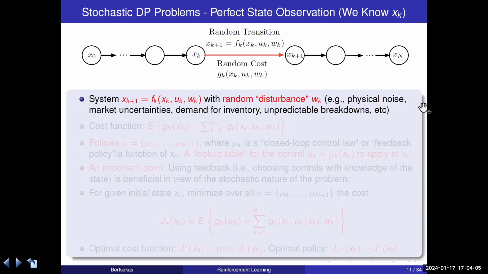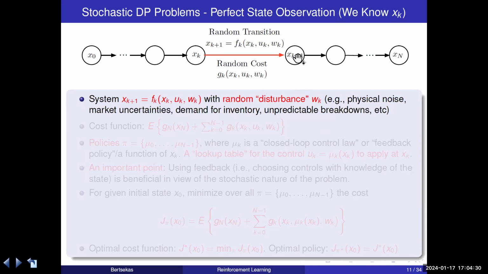The practical context could be physical noise in an electrical system, uncertainties about stock prices in an investment problem, demand for inventory, or machines breaking down unpredictably. Any kind of stochastic uncertainty is allowed here in principle.